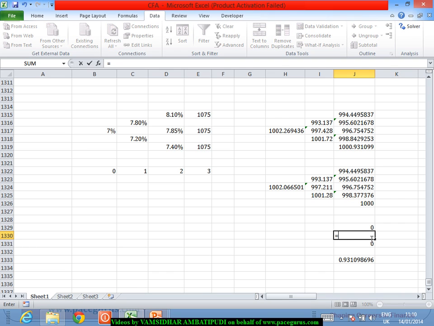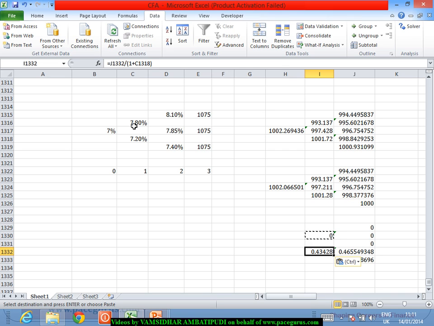Then I take 50% of this plus 50% of this to find the expected value. The same thing I apply here. Now I take the present value to the previous period, so this value divided by 1 plus this rate becomes the present value to the previous period. The same logic comes here also.